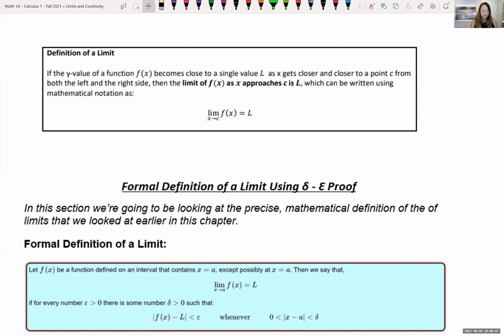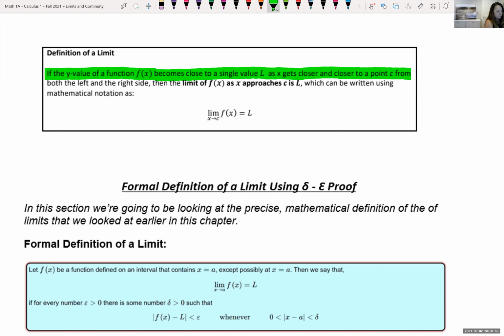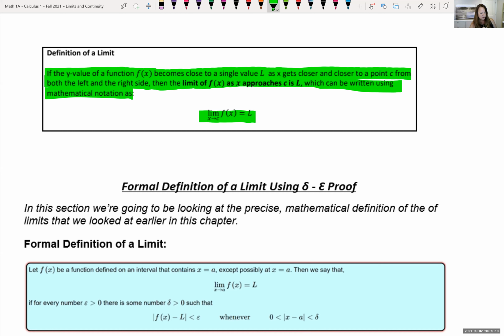And the definition that we've been using right now, before this precise definition of a limit, we've been saying if the y value of a function f of x becomes close to a single value L, as x gets closer and closer to a point c, from both sides on the left and right, then the limit of f of x as x approaches c is L, which can be written as the following mathematical notation: the limit as x goes to c of f of x is equal to L.